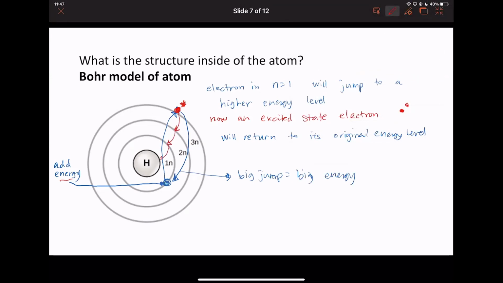Each little jump is going to release a little amount of energy. Those are the transitions between energy levels, and that's how we know there are energy levels in the first place. There are energy levels within the atom.